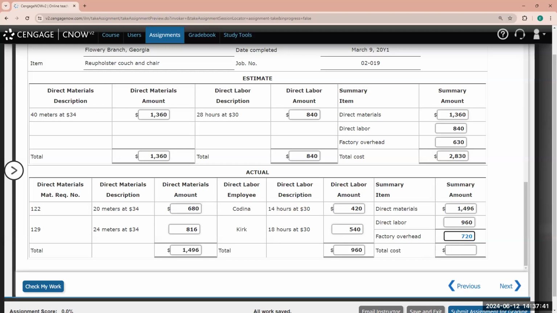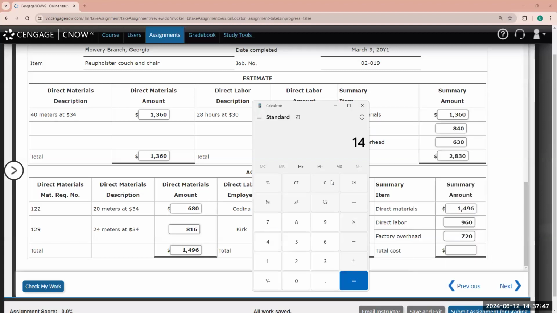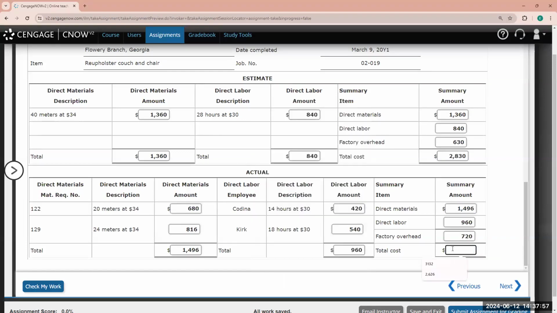So we add the three product costs, which is our direct materials of 1,496, plus our direct labor of 960, plus our factory overhead of 720, which gives us the total actual cost of $3,176. So again, the key thing is multiplying each.